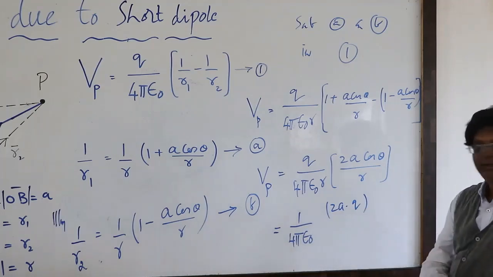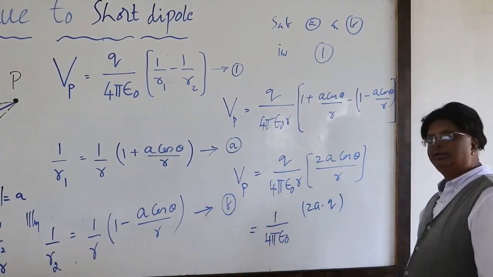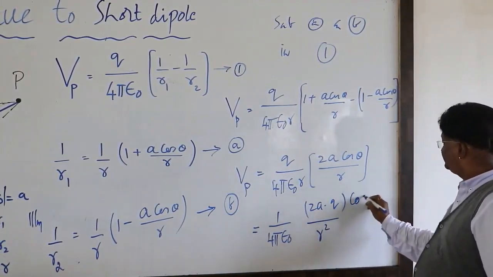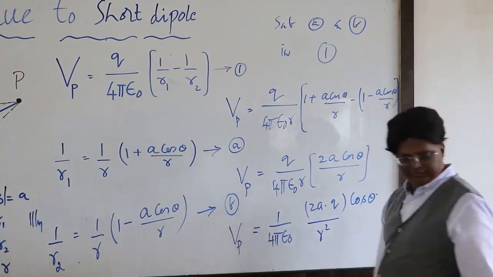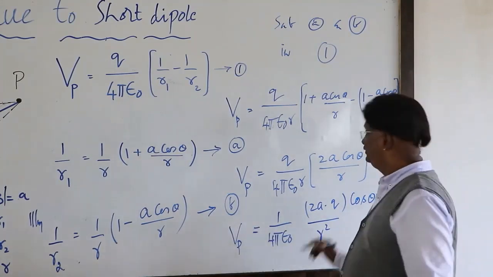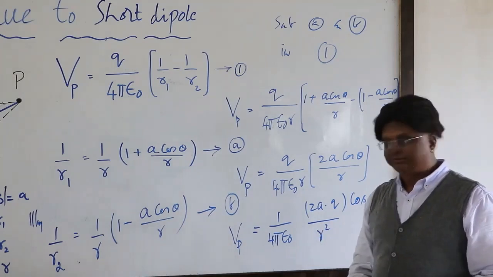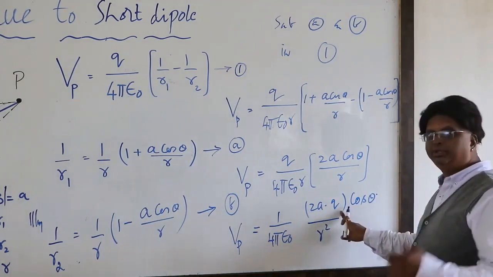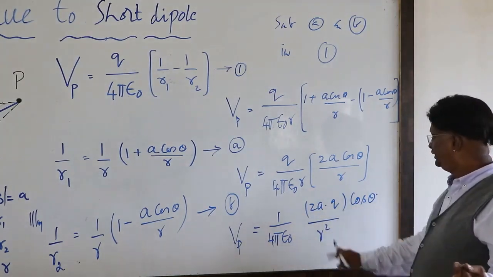This is what is dipole moment. Therefore, 2a times q, this is r times r becomes r square, and of course the cos theta term is there. This is what is V at P. Now finally, one more expression, and let us understand that result. Here I simply make 2aq become p cos theta by r square.